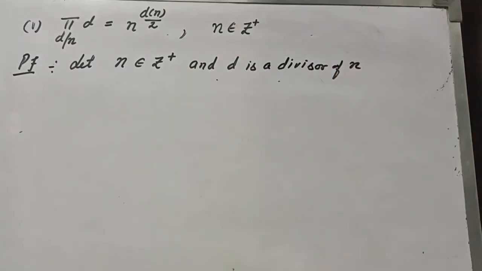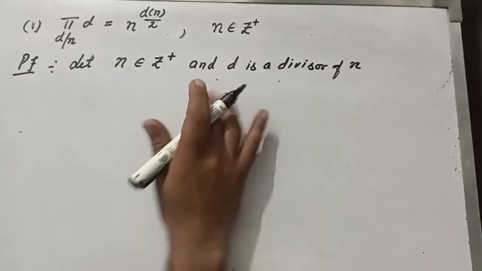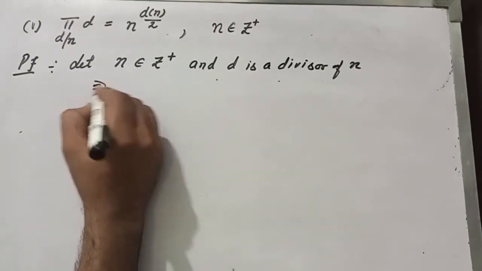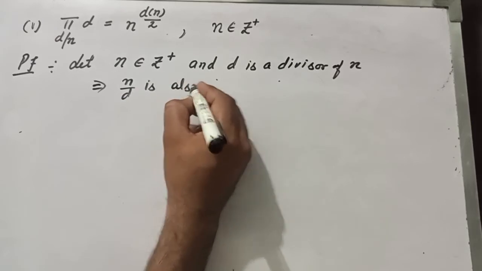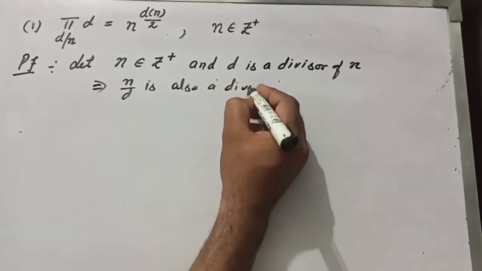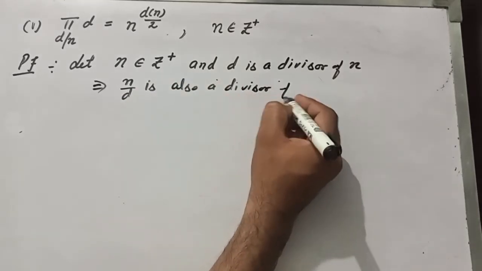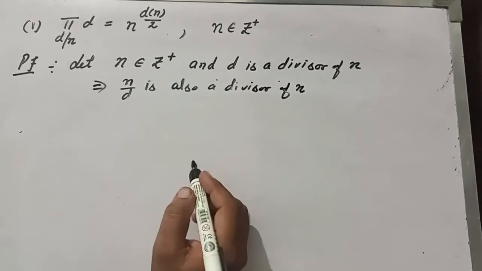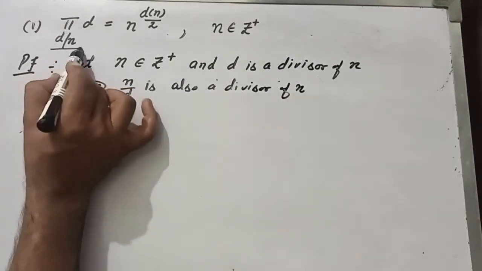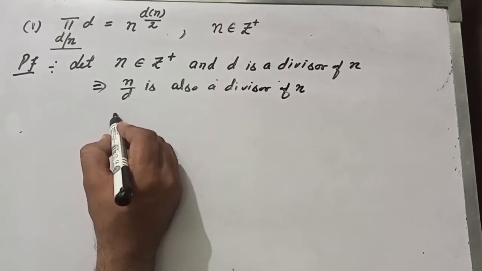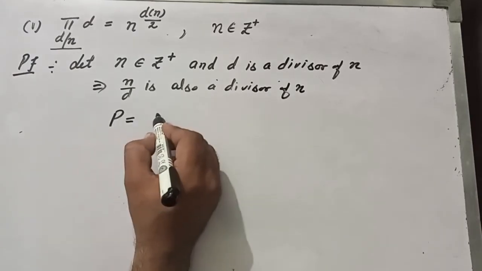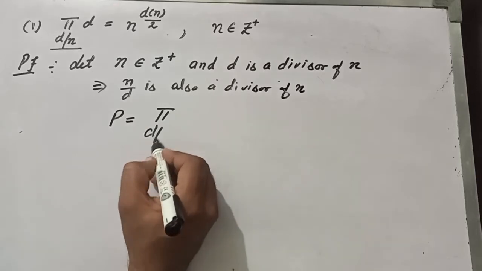So what we have seen earlier is that if d is a divisor, then n by d is also a divisor of n. Now we will calculate the left hand side. Suppose we call this product P, the product of d by n.